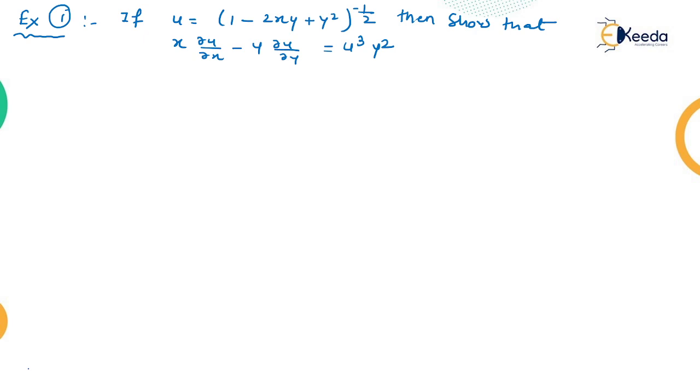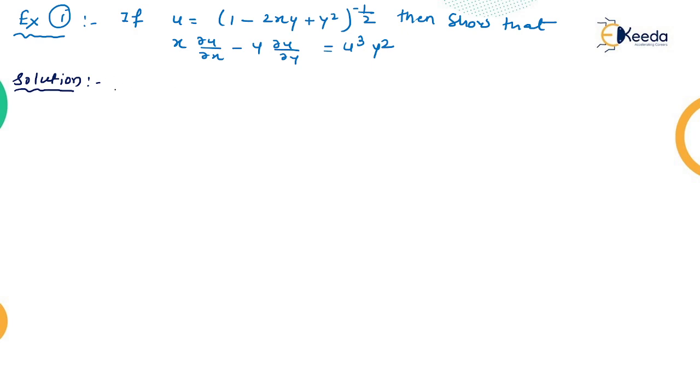So first you have to observe what is given to you, and then we start the solution. Before starting the solution, you have to observe that u is a function of how many variables. Clearly x and y, so u is a function of x and y, that is 2 variables.